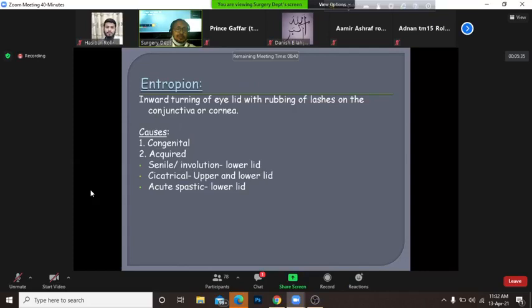Entropion: inward turning of the eyelid with rubbing of the eyelashes on the conjunctiva or cornea.